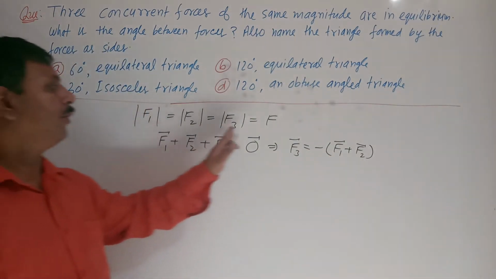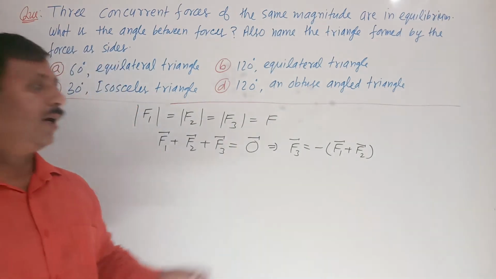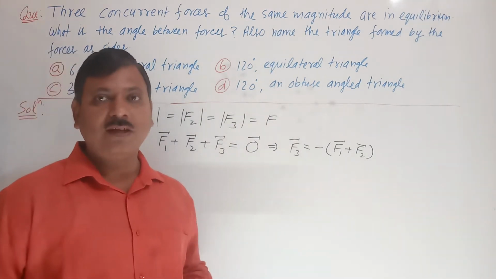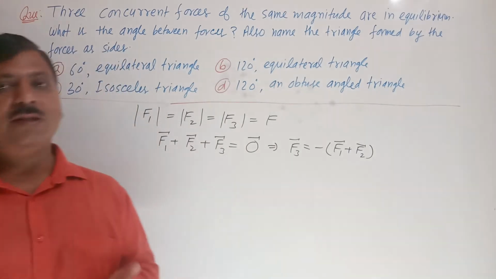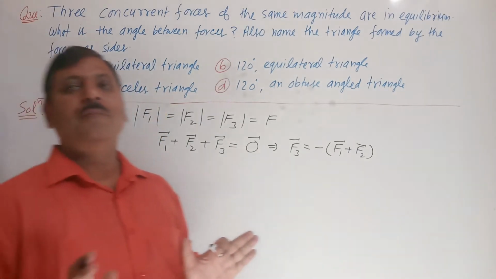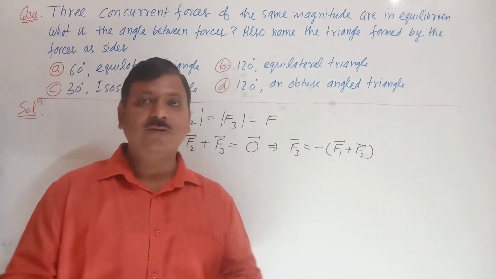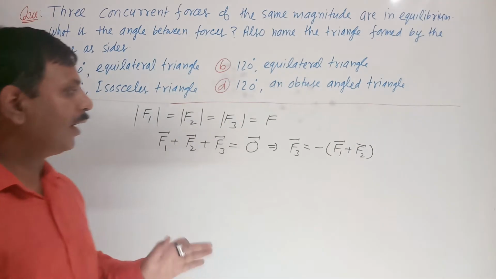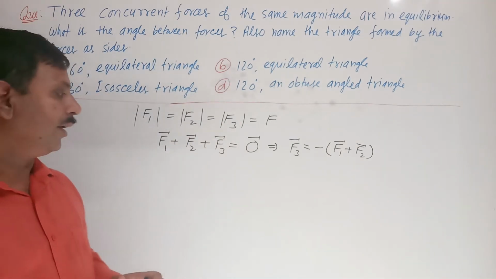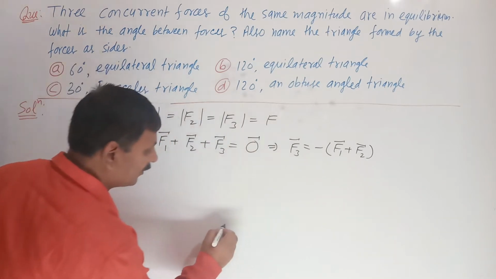See here, I have told you, if two vectors have equal magnitude and the resultant also has the same magnitude, then the angle between them is 120 degrees. Remember one thing: if two vectors have equal magnitude and the resultant also has equal magnitude, then the angle between them is 120 degrees. So we can represent these three vectors.